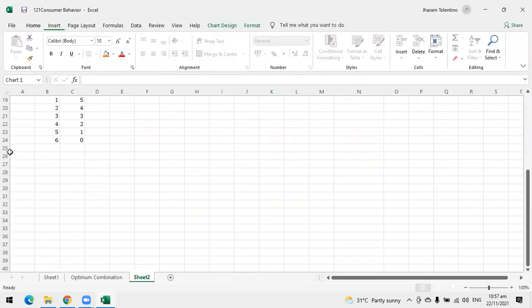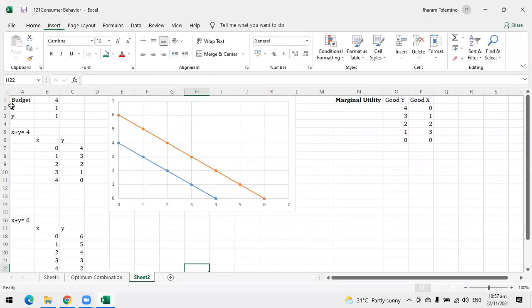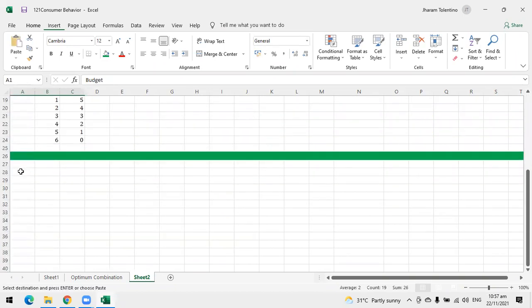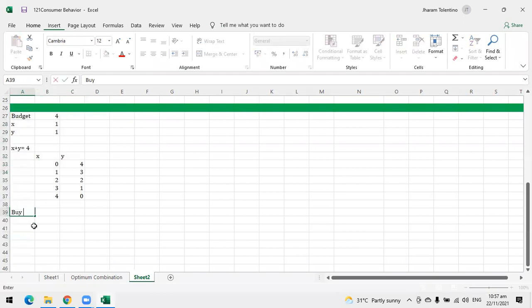Pag nag-buy one, take one yung X, try tayo dito. Isa pa. Copy lang natin to. Pag nag-buy one, take one daw yung X, ano magiging itsura niya? 0.5 na yung X. So, X now is 0.5.